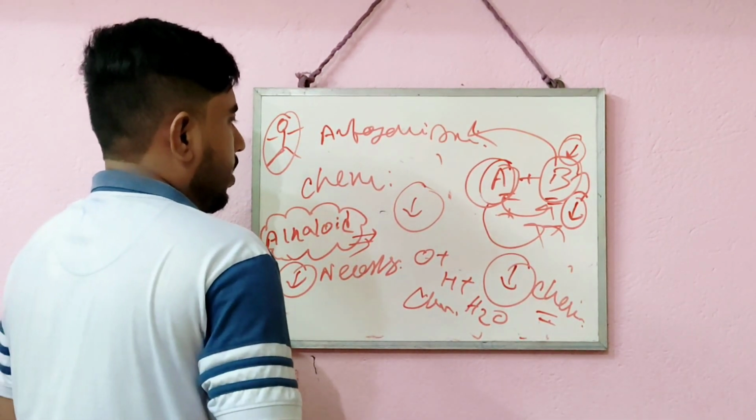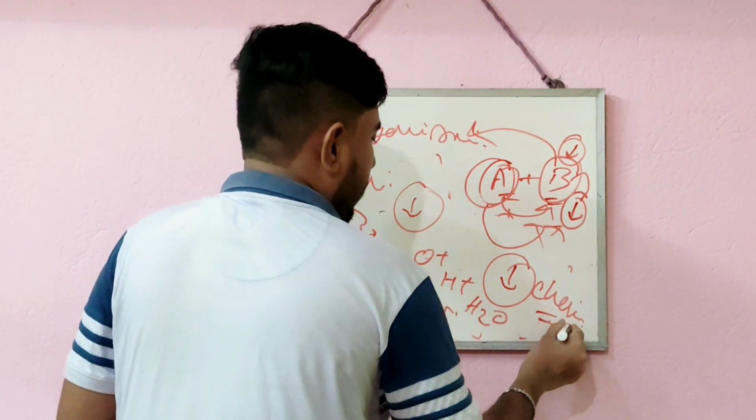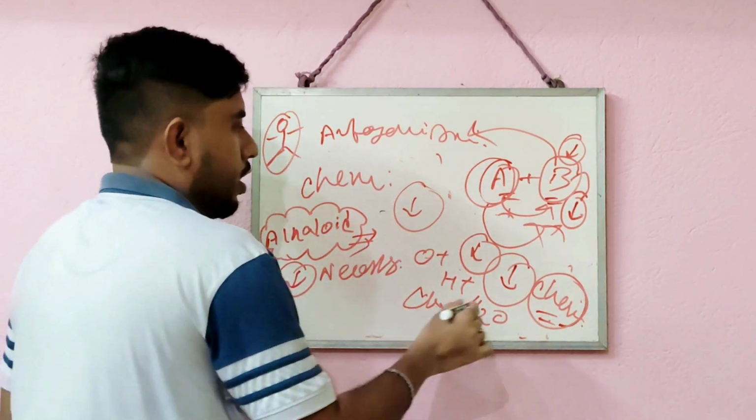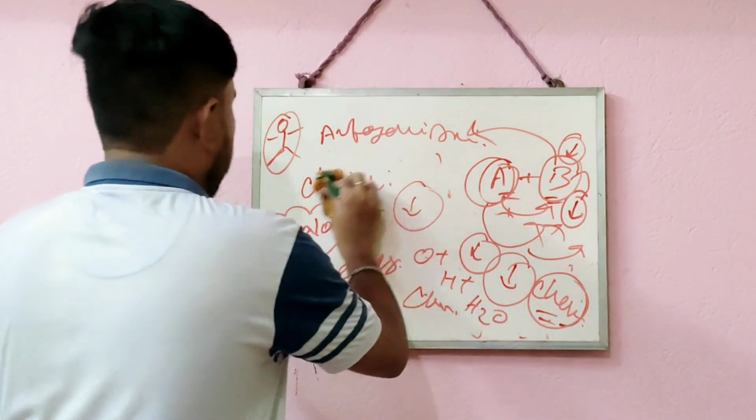So that is chemical antagonism, because by interfering with chemical reactions, one drug is going to inhibit the action of another drug. That is called chemical antagonism.